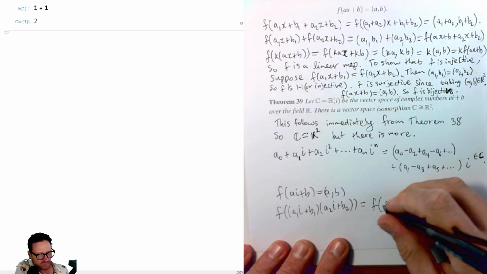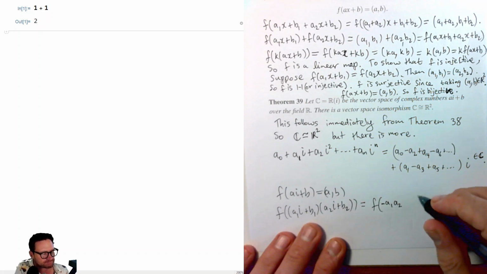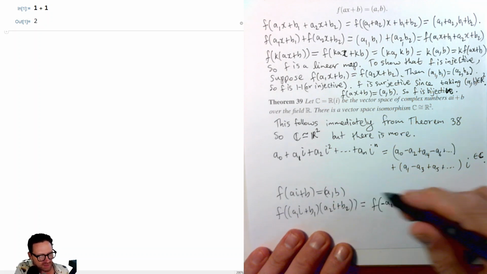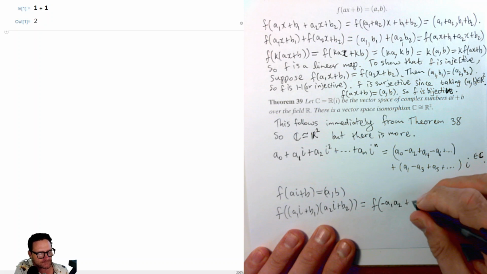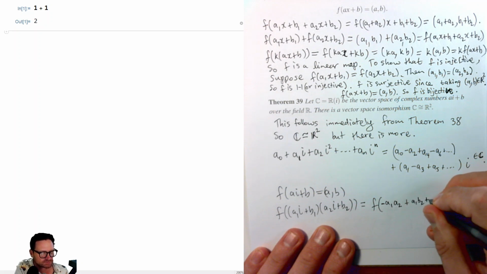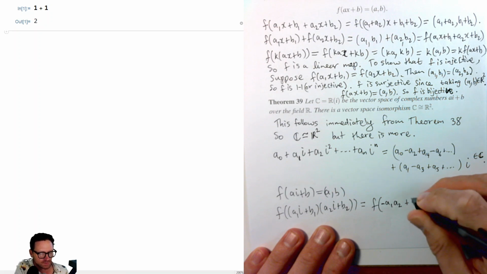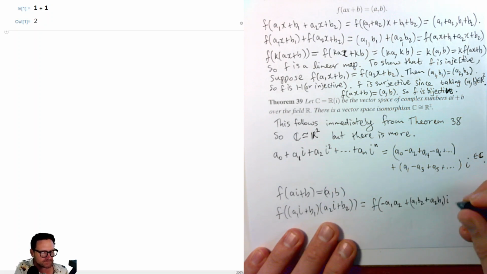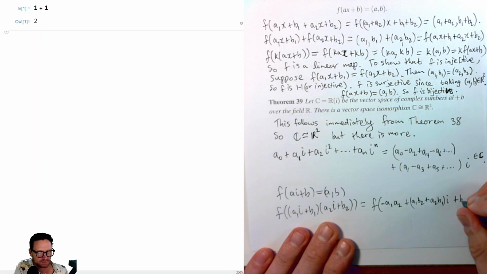Now i squared is -1, so that's a minus. Then we have a2 b1 plus a1 b2, all times i, and then b1 times b2.